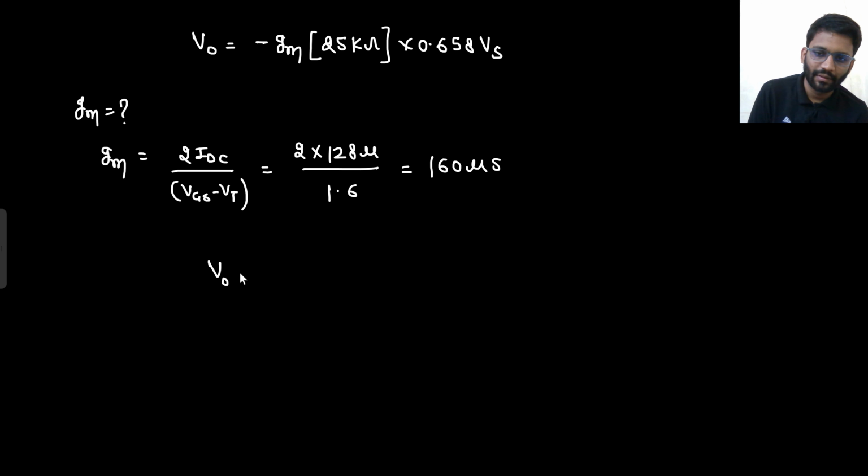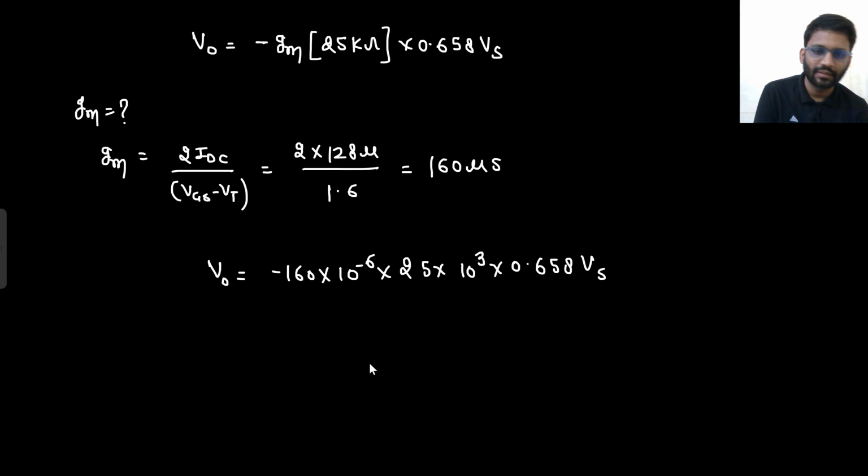So what will be your V naught? V naught will be, let's write it down in this manner, minus 160 into 10 to the power minus 6 into 25 into 10 to the power 3 into 0.658 Vs. So let's calculate this value. 160 into 25 into 0.658, that is 2.6 into 10 to the power 3.